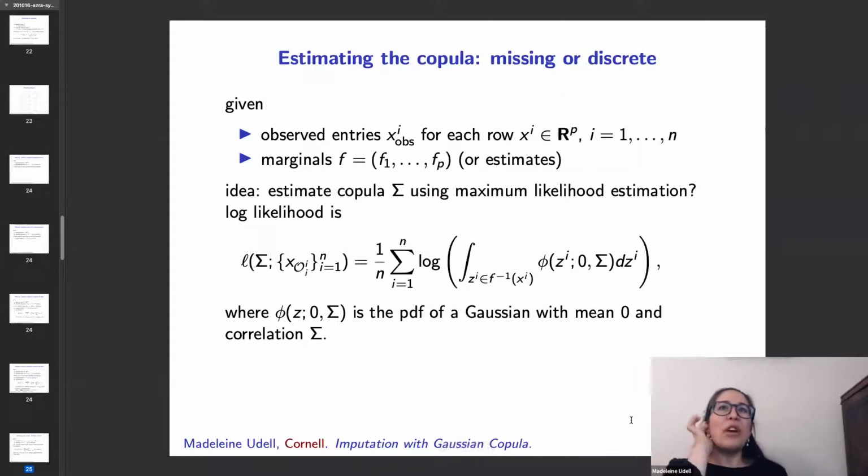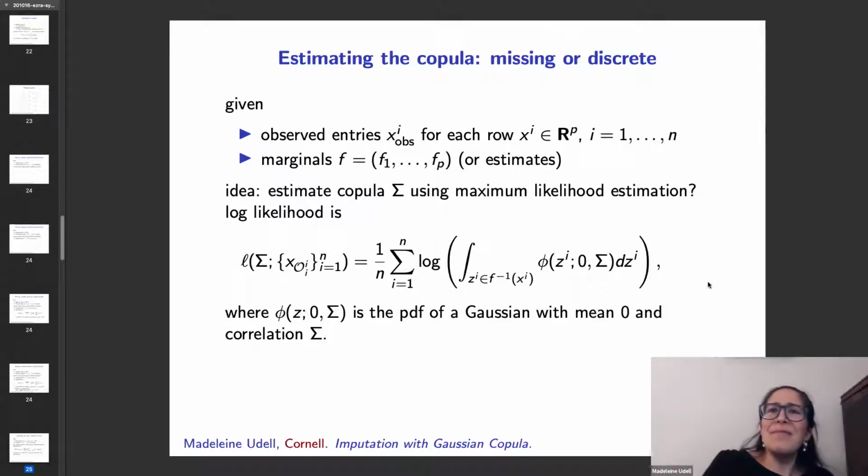Now, suppose you try to do the same thing for data where you've got some missing entries. In every row, you've got some observed entries and some missing, and you've got marginals that might not be invertible, where f inverse is set valued. If you try to estimate the copula using maximum likelihood estimation there, you can write down the likelihood of the parameters given the data, and it looks like this.